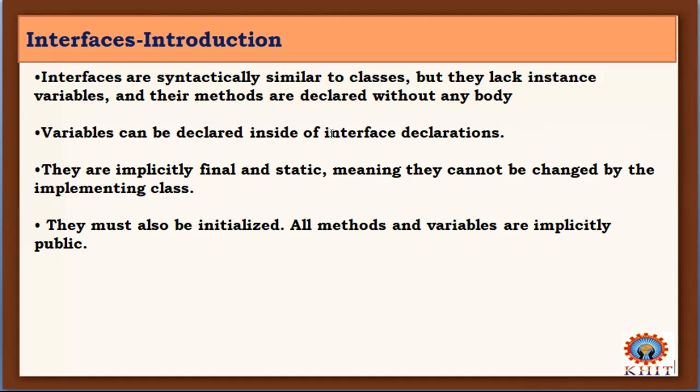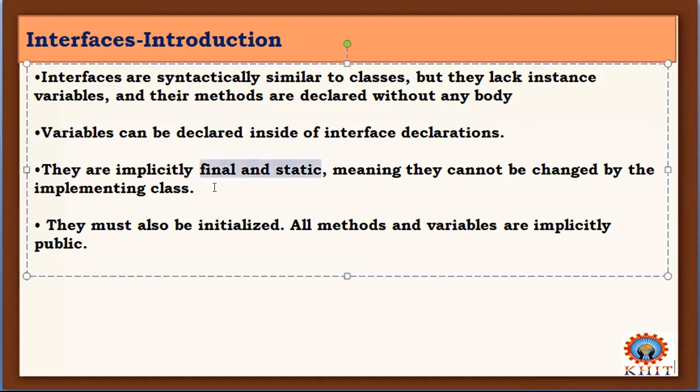Next, variables can be declared inside of the interface declaration. Okay. Next, they are implicitly final and static. So the variables which you are declaring are final and static variables. That means you cannot change them. Once you define some variable in the interface, you cannot change the value of that variable. Okay, meaning it cannot be changed by the implementing class.